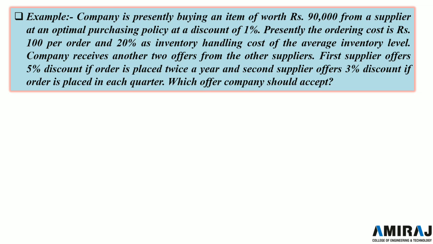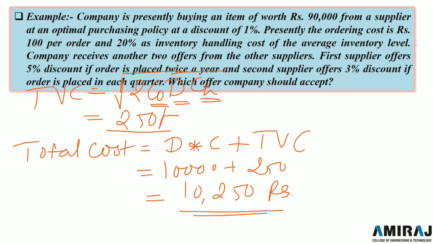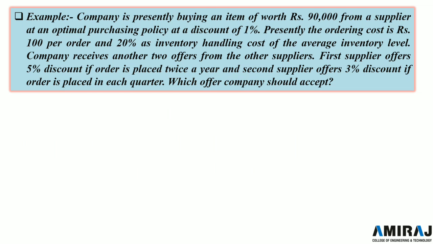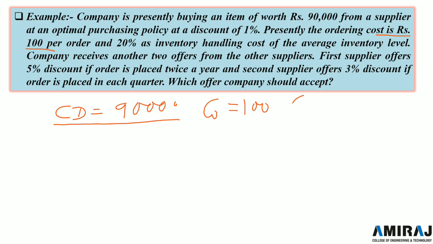So before that, here the 90,000 is the order per year, so it will be yearly consumption, which is equal to C into D is equal to 90,000. Next, the ordering cost CO is equal to 100 per order. Then the holding cost is 20% of the average inventory level.